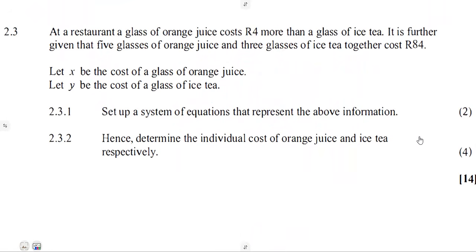Then 2.3. We are given that at a restaurant, a glass of orange juice costs 4 rand more than a glass of iced tea. It is 4 more than. It is further given that 5 glasses of orange juice and 3 glasses of iced tea together cost 84 rand.